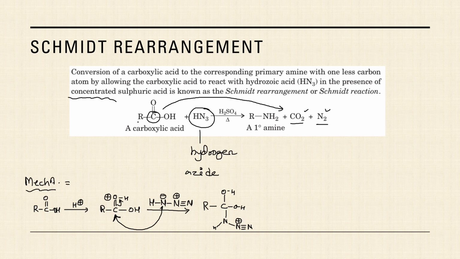Perfect. अब यहां पे ये चीज इधर आती है और ये बाहर निकल जाता है, and you get RCOH double bond N triple bond N plus. Okay, perfect.